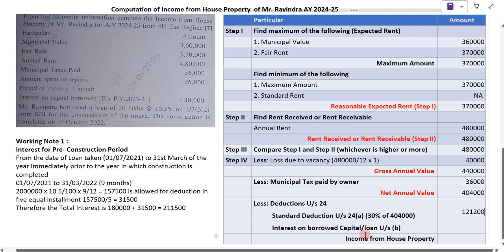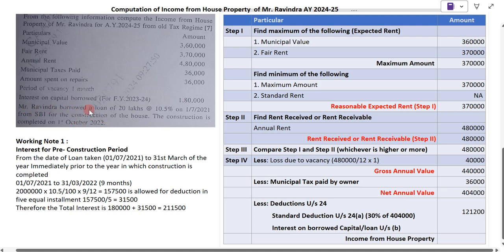Now next is what? Interest on borrowed capital or loan. Now in the question they have given interest on capital borrowed for financial year 2023-24. How much is the interest on capital borrowed? 1,80,000. Okay, on this there is some additional information.